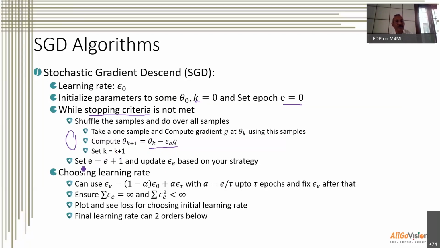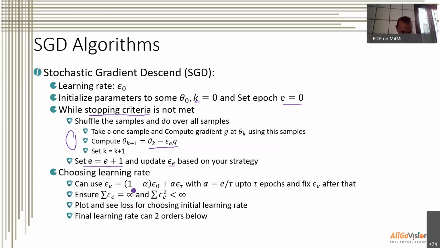Once you have done that, you increment the epoch number by 1, and for the next epoch you can try to update the learning rate epsilon based on whatever strategy you follow. Some of the strategies I have given below.